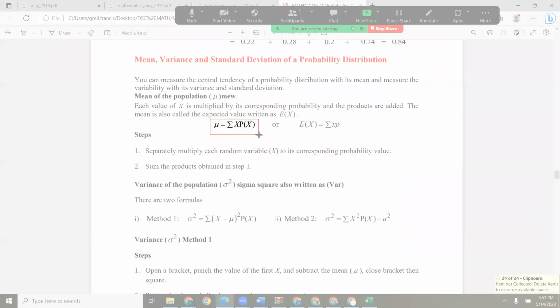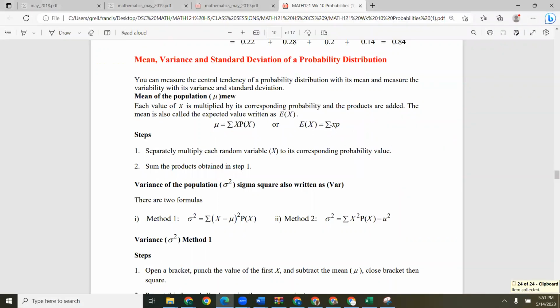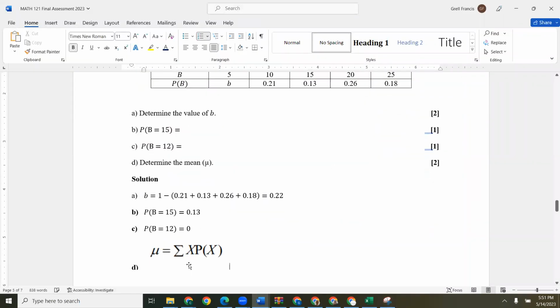And there are two notations. You can also call it the expected value of X is equal to the sum of X times P. So let's transfer it to our worksheet. So here's the formula that we are going to use to find the mean.